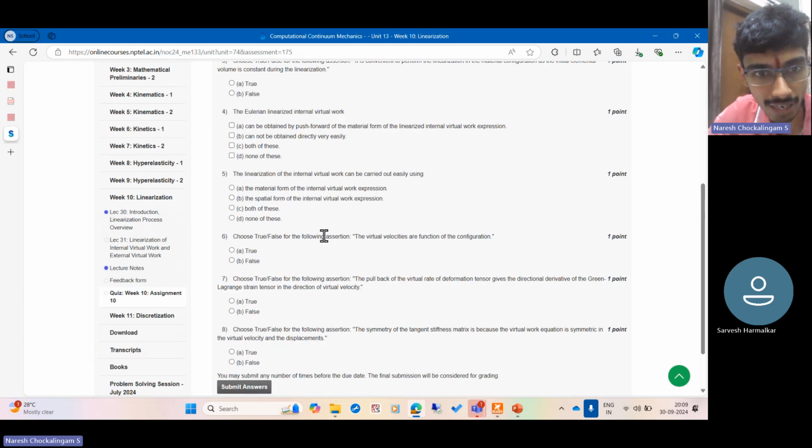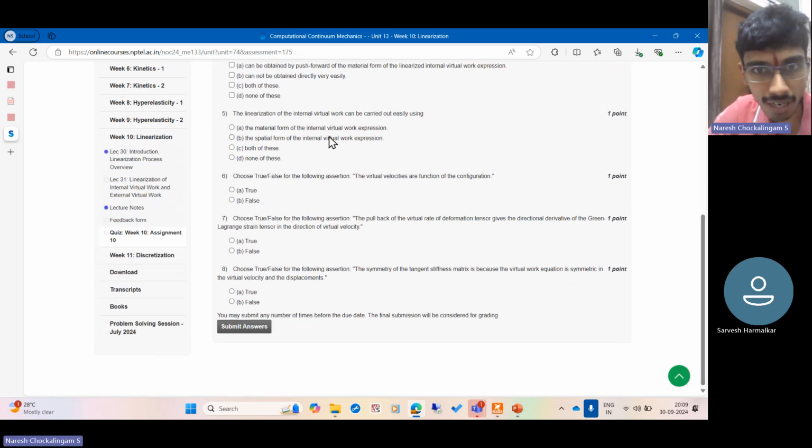I said in the material form the limits are independent of the deformation, whereas in the spatial form the limits also depend on the deformation, so the limits should also get into the linearization. That's not easy.